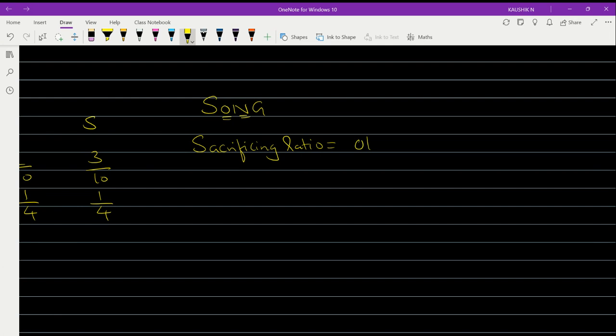You need not mug up the formula; you can easily remember it. So let's calculate for the partners. First for P, the old ratio was 1 by 10 minus the new ratio 1 by 4. What will be the LCM if you take 10 and 4?